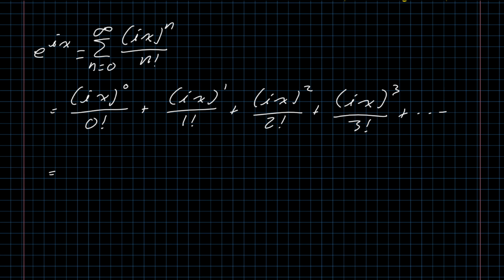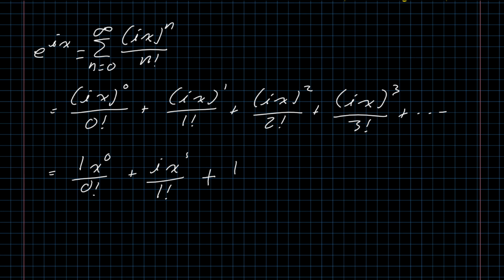But of course, anything to the 0 power is just 1. I'm going to explicitly write that as 1 times x to the 0, even though that's not really going to do much of anything here. And likewise, I'm going to call this i times x to the first over 1 factorial, even though we know that simplifies to just i times x. But I think seeing the pattern is going to be useful. And then we'll have i squared, which is minus 1.